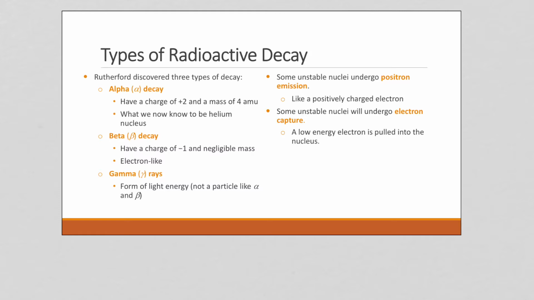The first of these is an alpha particle. So what we call alpha decay emits an alpha particle. An alpha particle is fairly large by subatomic particle scale. It has a mass of 4 AMU and a charge of +2.